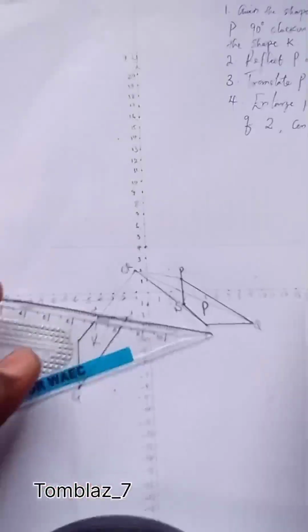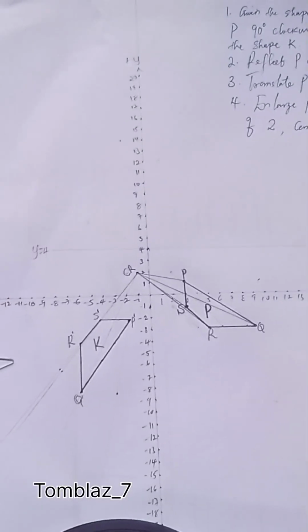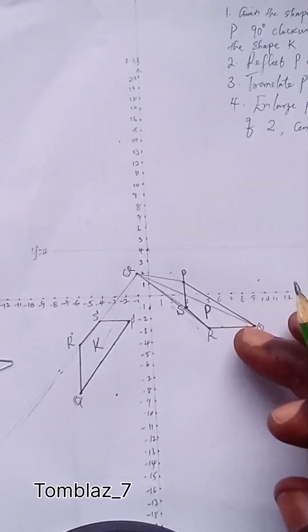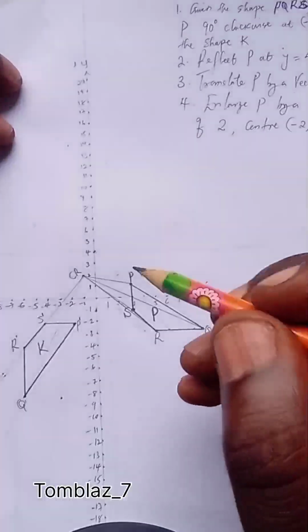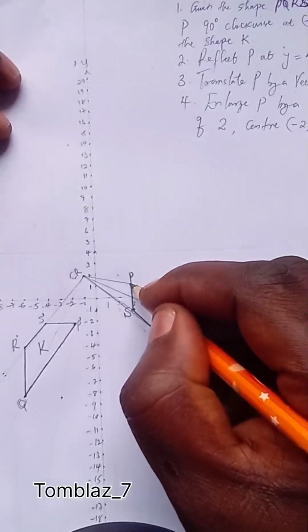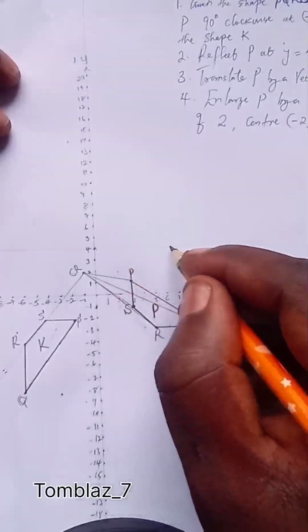All right, so this line is when y equals 4, right? Okay, so let's reflect this on this. And you know, reflection has to make it look as if you are viewing the object in a mirror, right? So now we have to trace each point to this line of reflection.